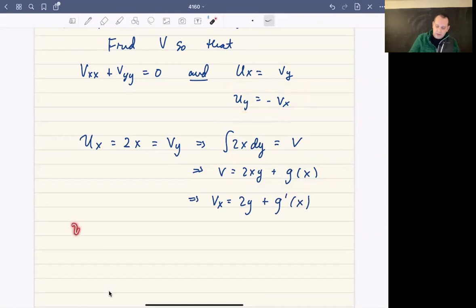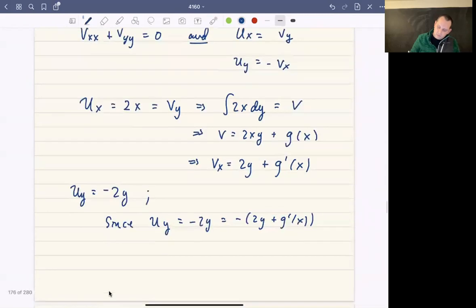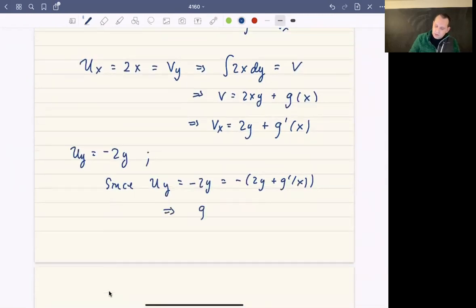So here we need to notice that U sub y is equal to minus 2y. Since we want U sub y, which is negative 2y, to be equal to negative V sub x, this implies that g prime of x is 0, so that g of x is really just a constant.